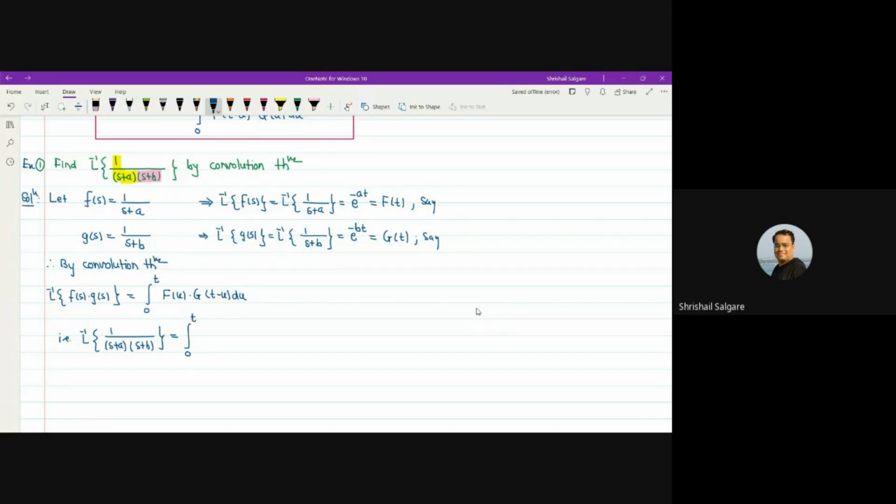Can anyone tell what is f of u? This is your f of t, but I have to write f of u. Yes, Pranoti, what is f of u in this case? What you have to do?